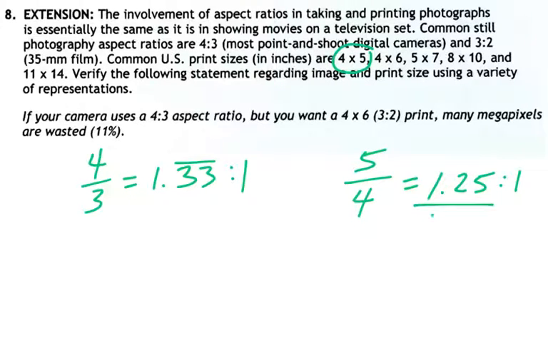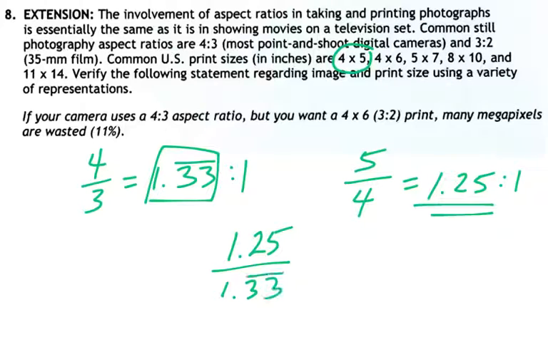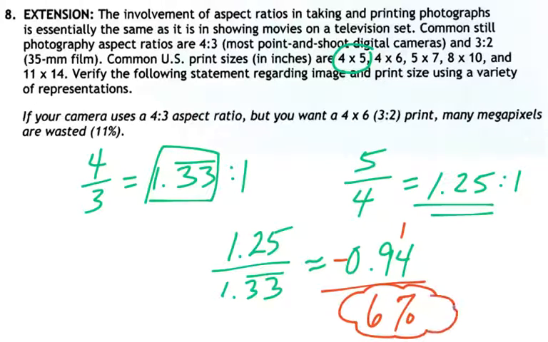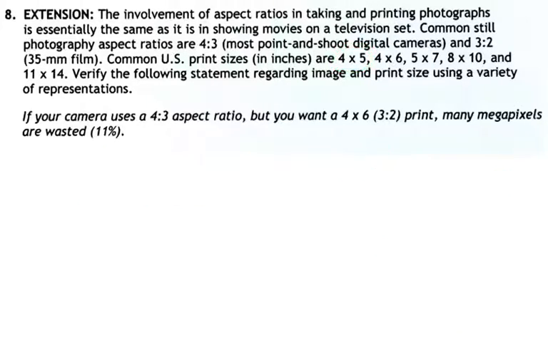Well, the smaller number goes on top, the bigger goes on the bottom. 1.25 divided by 1.33 repeating gives us approximately 0.94, which, when we subtract from 1, is going to give us 6%. So clearly the 4:5 picture is better than the 4:6, because 4:5 gets to see more of the actual picture taken.